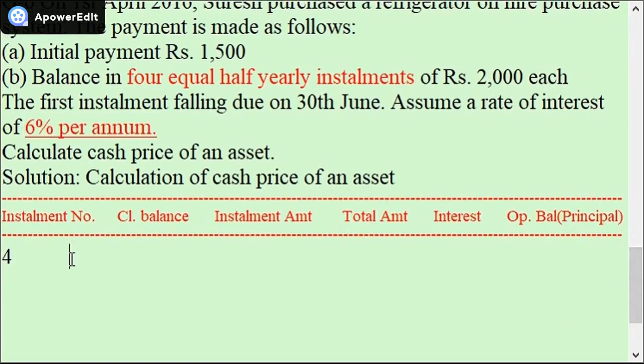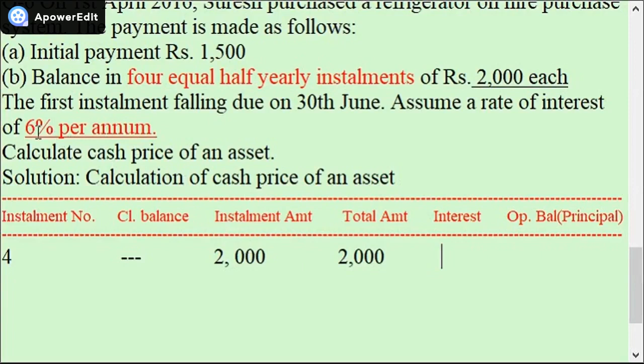Fourth installment, when you make the payment of fourth installment, the last installment, the closing balance will be 0. And the installment amount you are paying every time is the same, 2,000 each. So your total amount will be 2,000, in which interest is included. You are paying installments half yearly, so interest will be 3%.